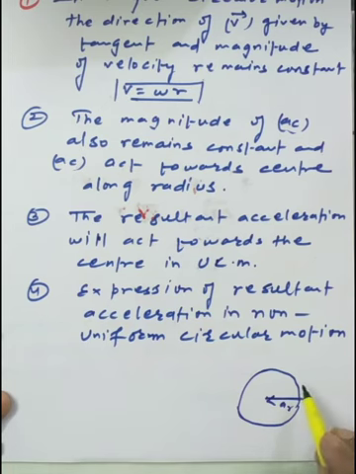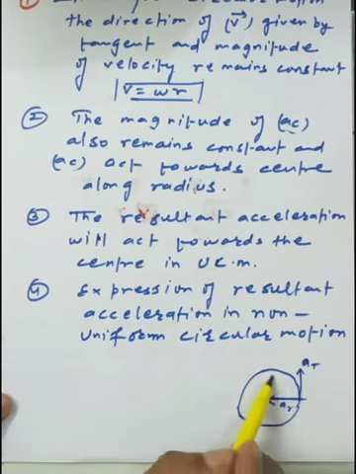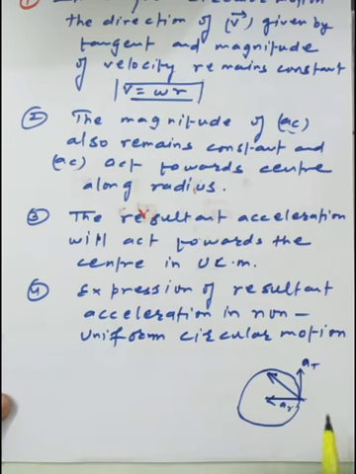So due to the variable velocity, its acceleration has a tangential component. The tangential acceleration is given by AT, due to the change in speed. Whenever we take the resultant of these two vectors, we get the resultant between the two vectors that are acting.